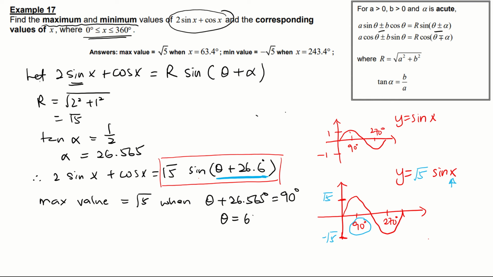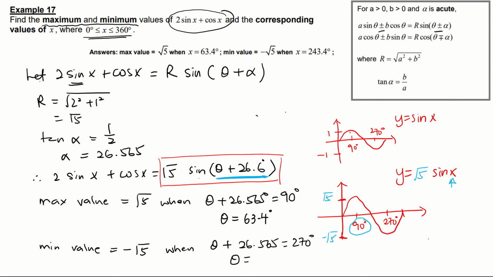Then from there, I can work out my theta. Likewise, the minimum value will in this case be negative square root 5, when my angle is at 270 for sine.